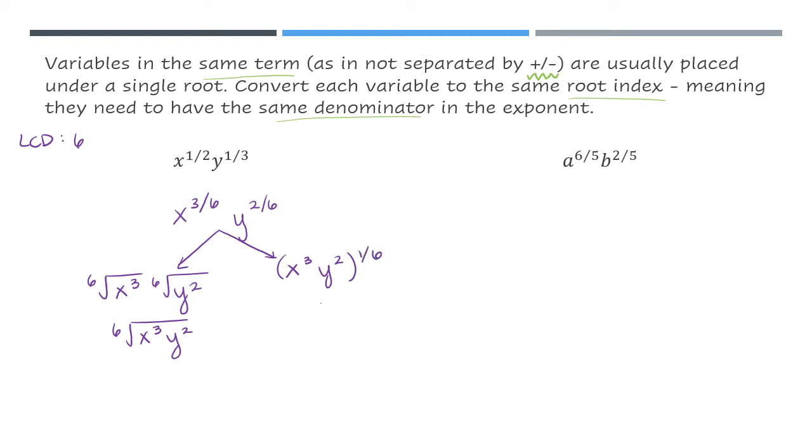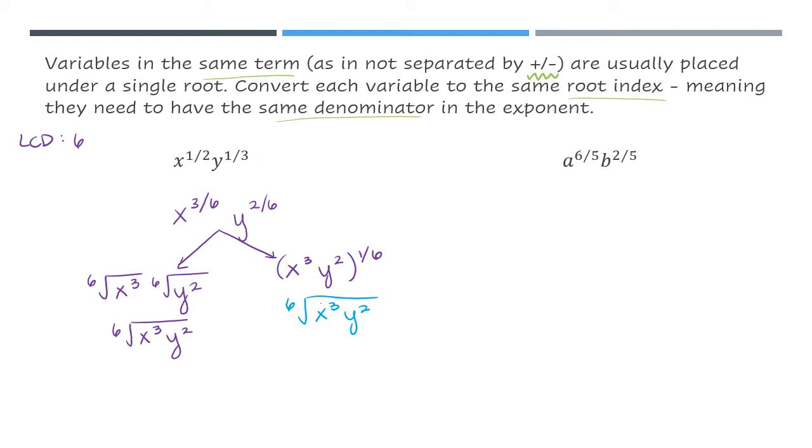This is almost undoing our power of a power property of exponents. Remember, we are essentially undistributing the denominator here. Written like this, we can convert it into radical form, taking that 1/6 and turning it into the 6th root of, and then what's left here, x cubed y squared. Either way we get to the same answer.